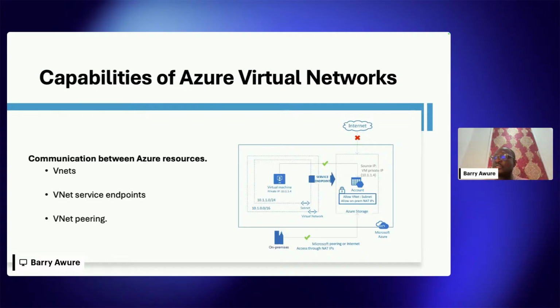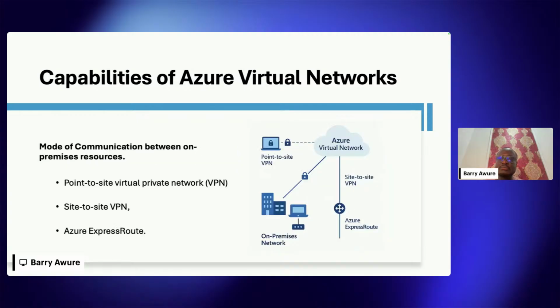You can, with Azure VNet, establish that kind of communication. The same way with pairing, probably you have different subscriptions, or probably you have resources in different regions, and then you want to use a private communication channel. Then, as against having to go over the internet, you can use the VNet pairing to establish that.